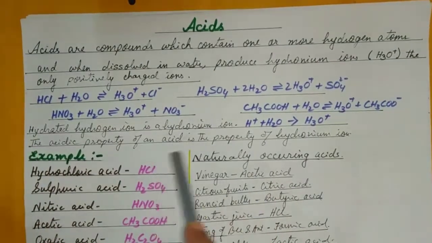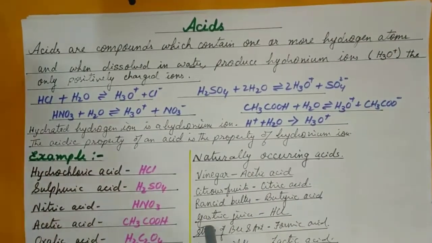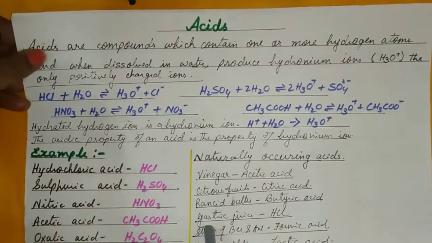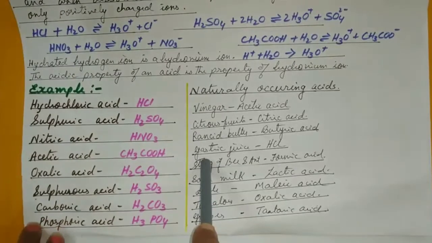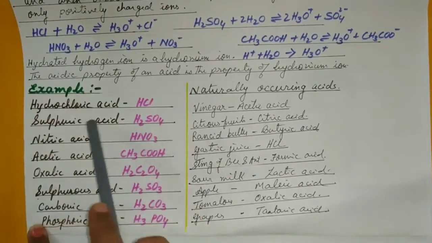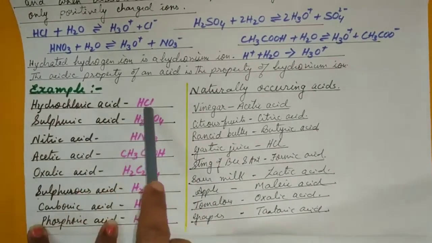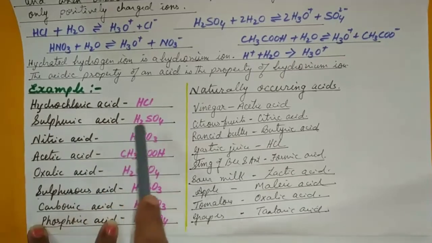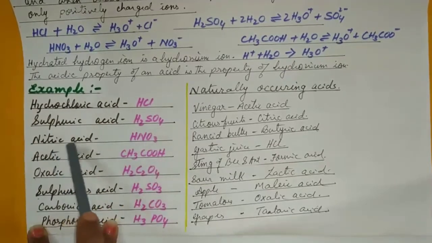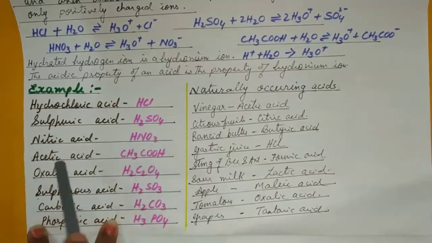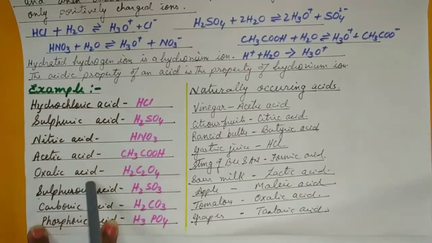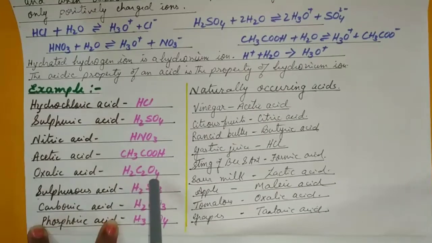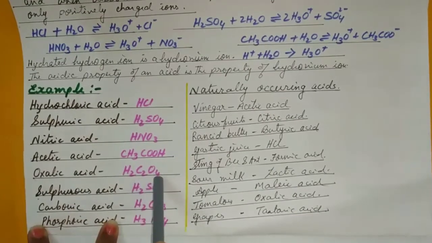As I said, I will also give you some of the names and formulas of the acids, the common ones which you know, but still I have written it down for you. Hydrochloric acid HCl, sulfuric acid H2SO4, nitric acid HNO3, acetic acid CH3COOH, oxalic acid H2C2O4.